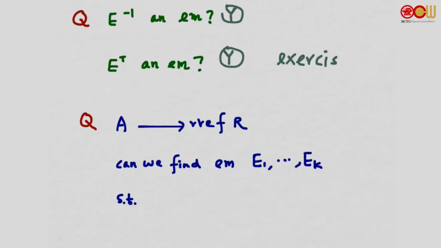One more question. Suppose we have a matrix A and the reduced row echelon form of A is this R matrix.